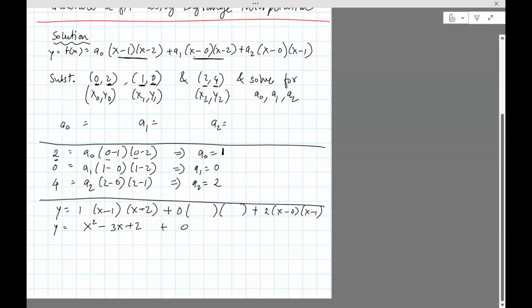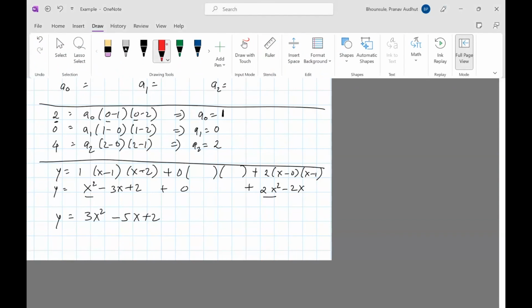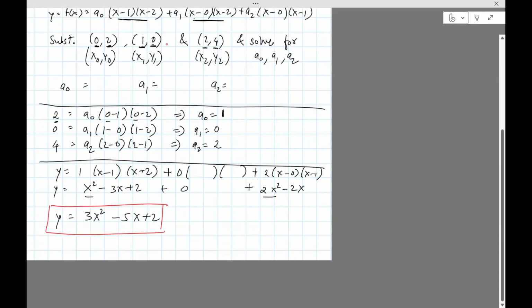This is all 0, plus 2 times x squared minus x. So we can see that it's 3x squared minus 5x plus 2. Okay, so you should write it in this fashion. This is your answer.